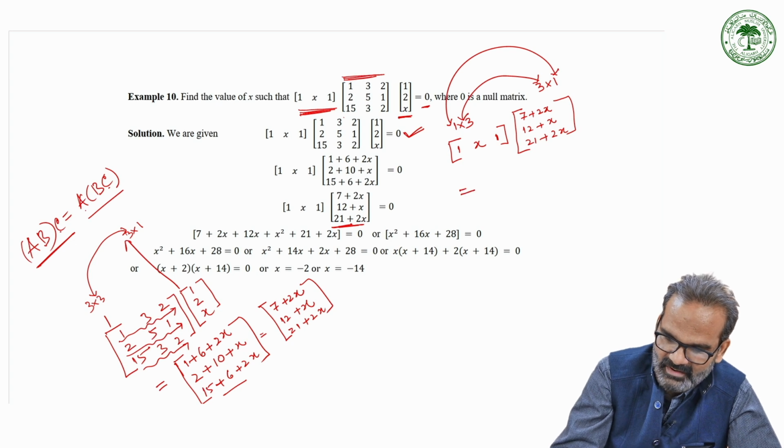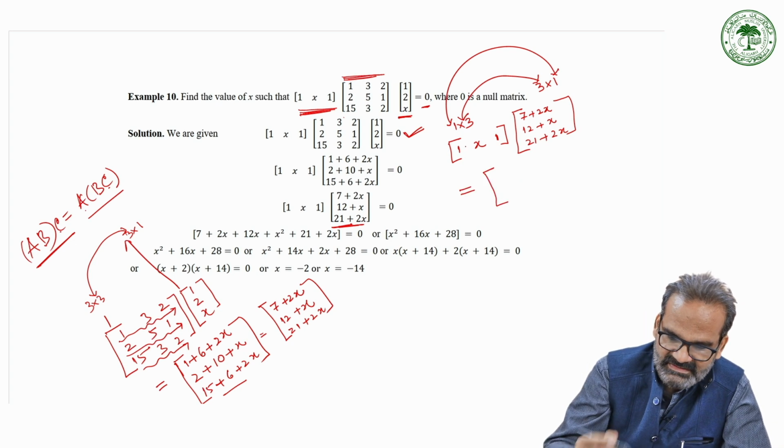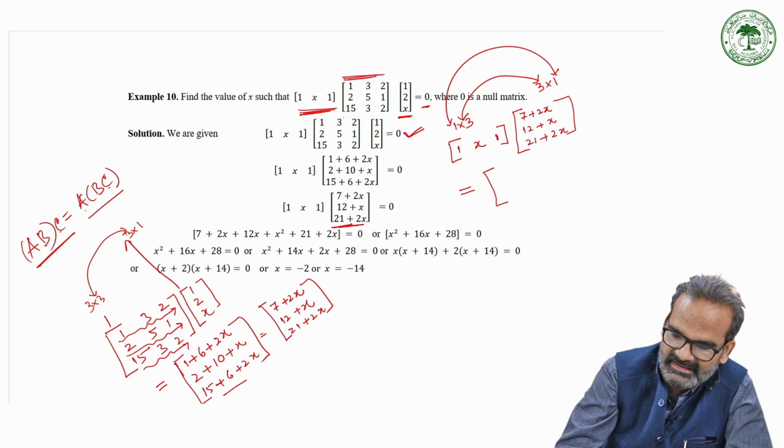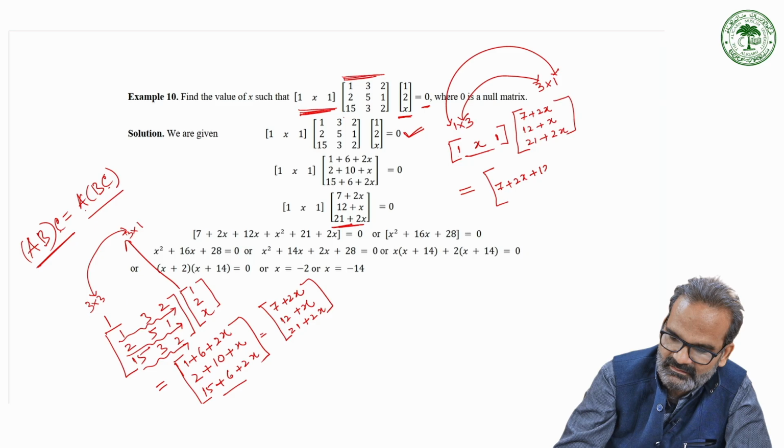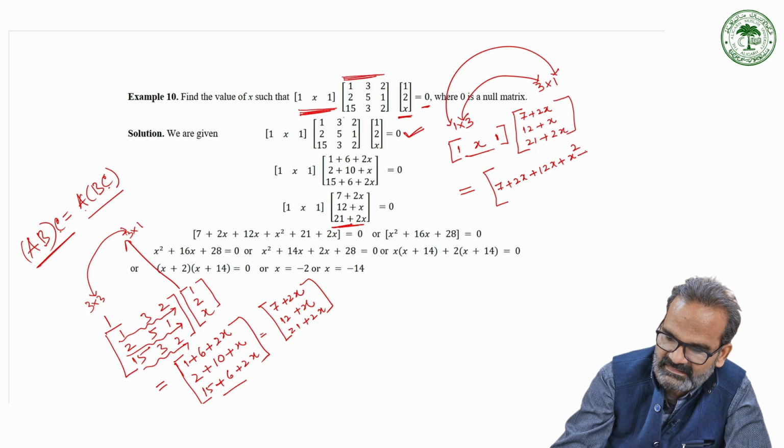See, the product is like this. Multiply this row, this is only 1 row, with this column, this is only 1 column. Multiply 1 with 7 plus 2x, so you will get 7 plus twice of x, plus multiply x with 12 plus x, so you will get 12x plus x raised to the power 2, right? Plus multiply 1 with 21 plus twice of x.